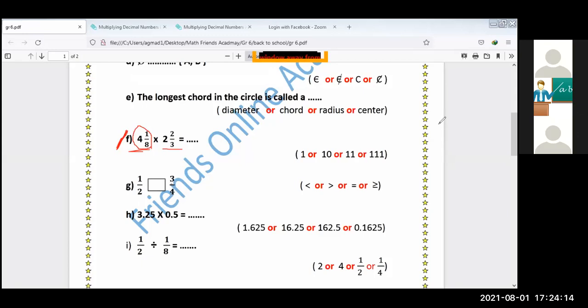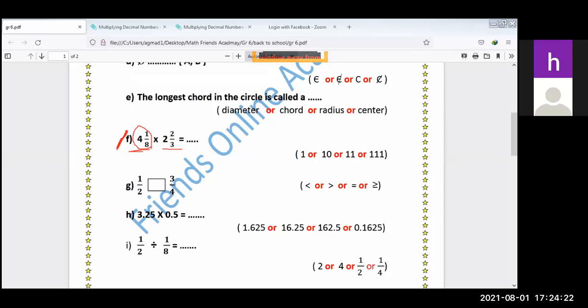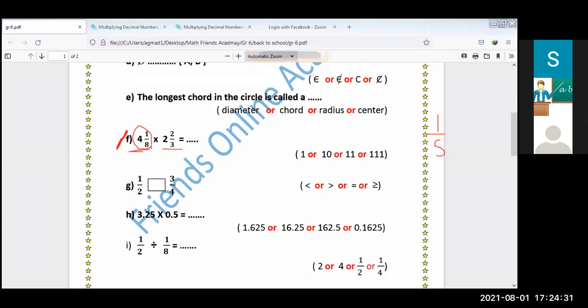In the proper fraction, the numerator is less than the denominator. But in the improper fraction, the numerator equals the denominator or is greater than the denominator.